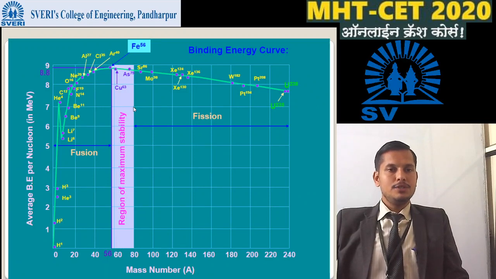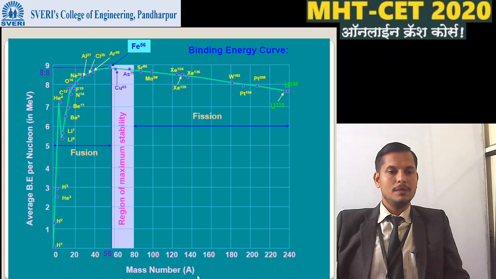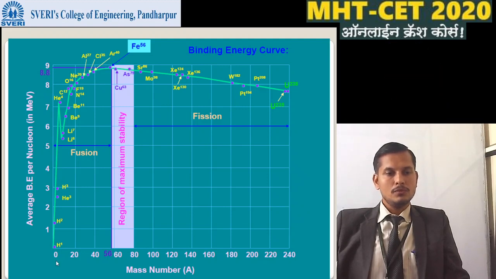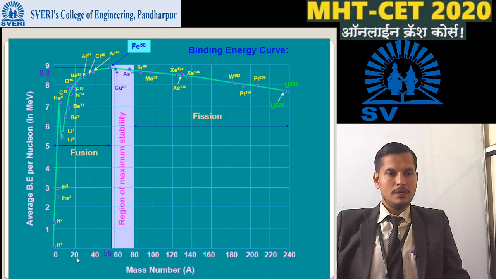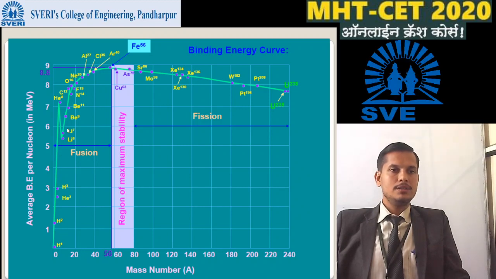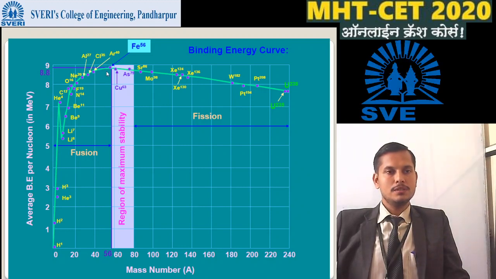Next is the binding energy curve. If we check this binding energy curve, it plots atomic mass number against average binding energy per nucleon in million electron volt. If we check carefully, as the atomic mass number increases, initially the binding energy also increases and reaches a maximum of about 8.8.